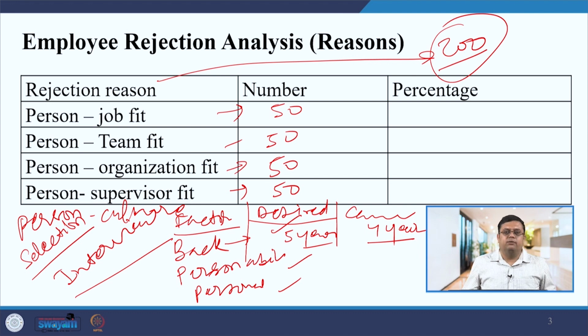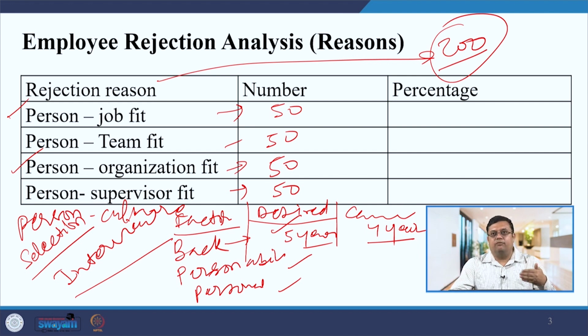So, what should be the criteria for the waiting list? People who are rejected because of person job fit should be given the priority, or people who are rejected because of person organization fit should be given the priority. According to your organization's need, you have to decide who should be given priority, and on what basis you should develop the waiting list criteria, right.